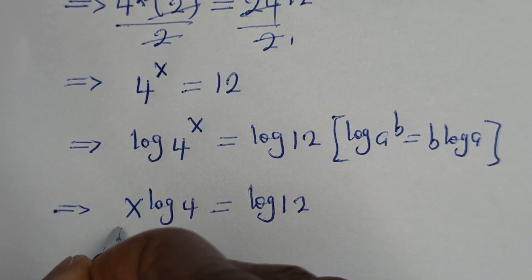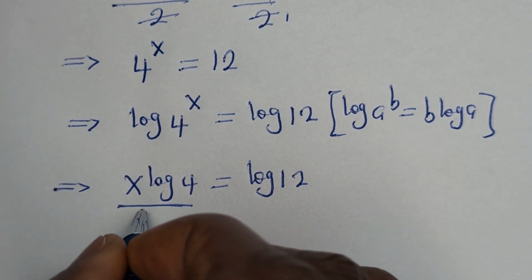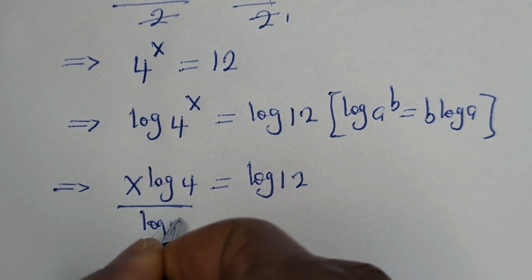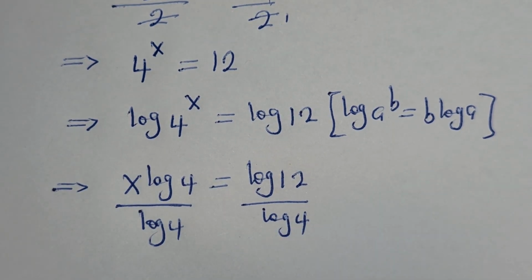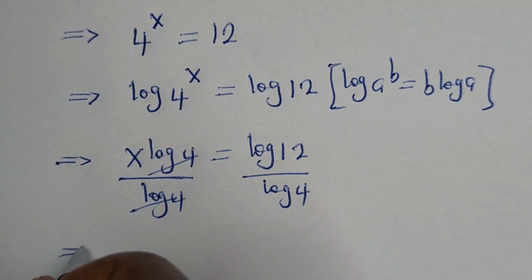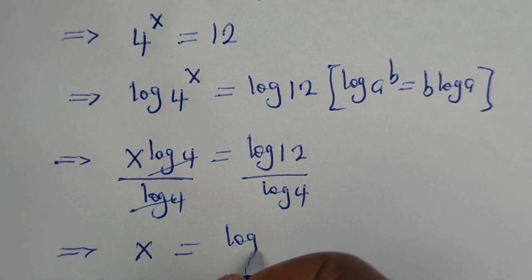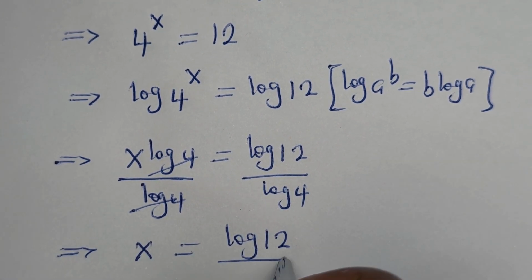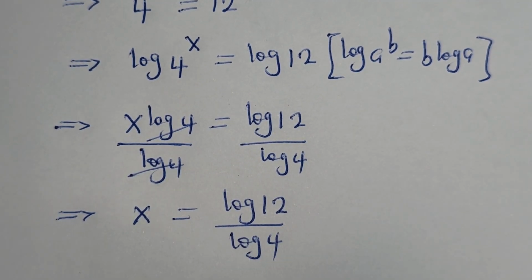Let's divide both sides by log 4. Log 4 cancels log 4 here. x is equal to log 12 divided by log 4.